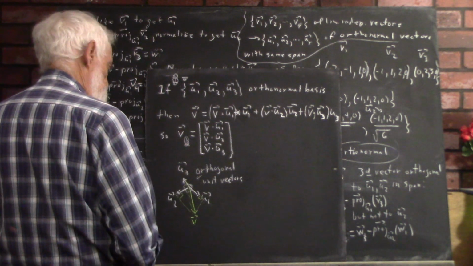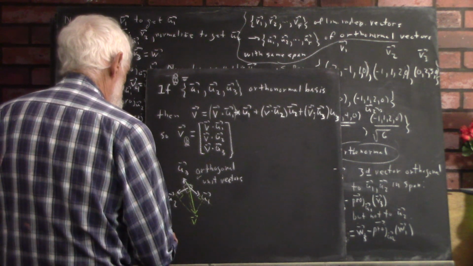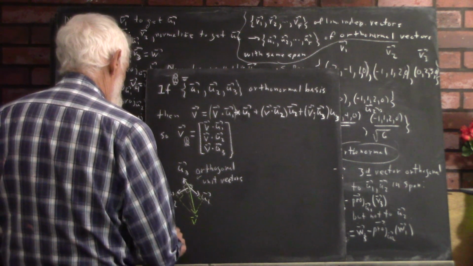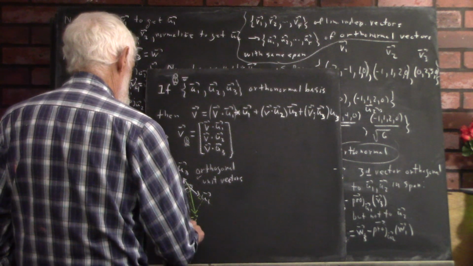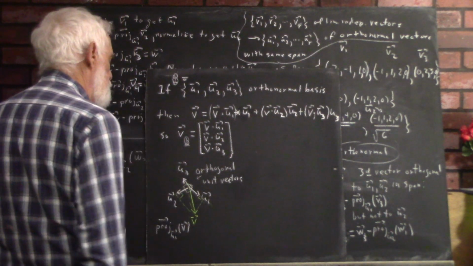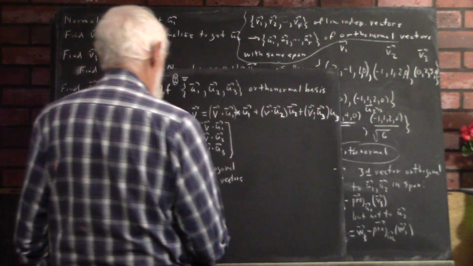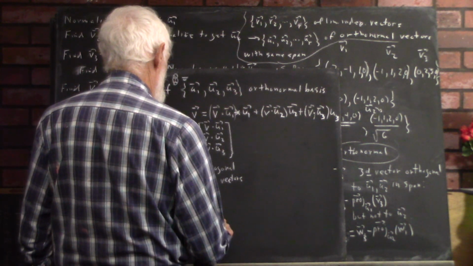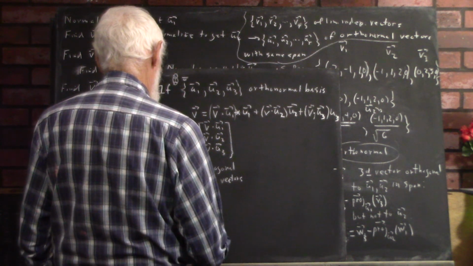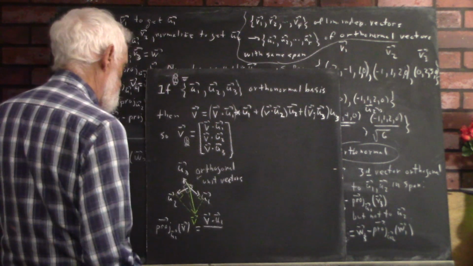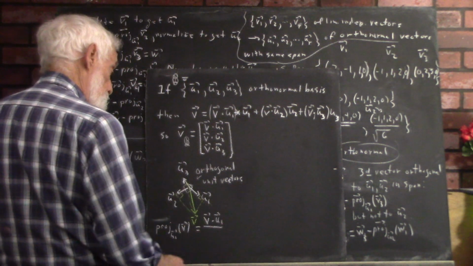So the projection onto u1 of v is, and when I say projection, I don't mean the vector projection, I mean the scalar projection.